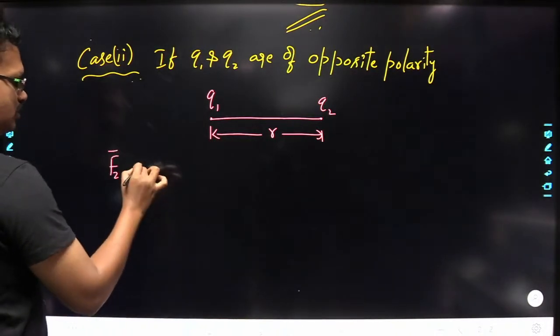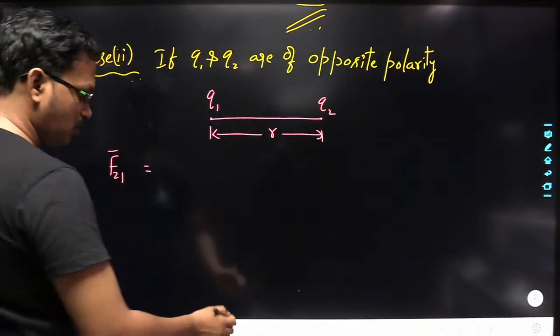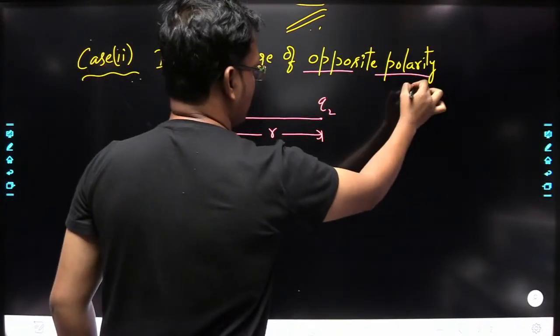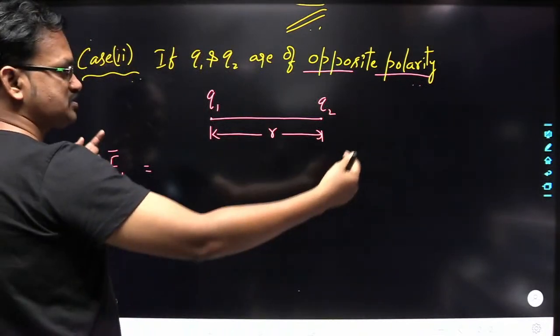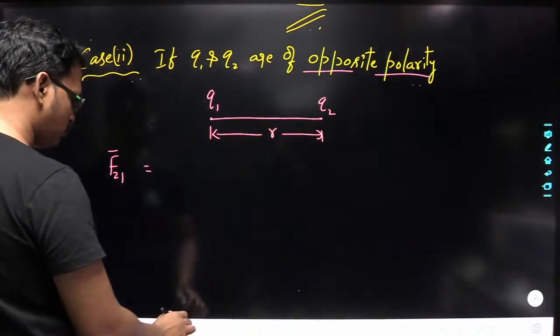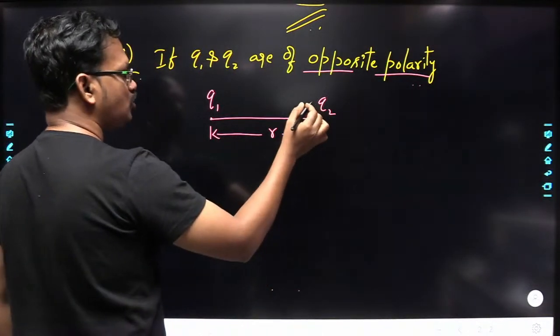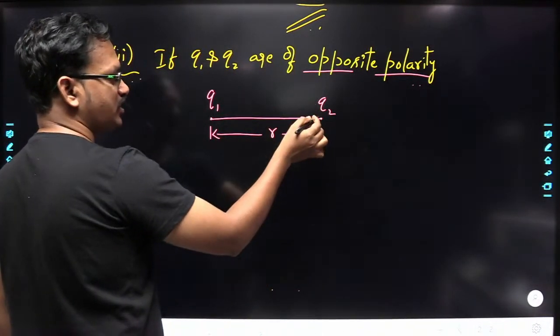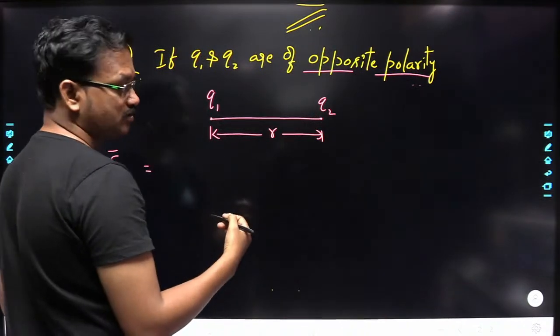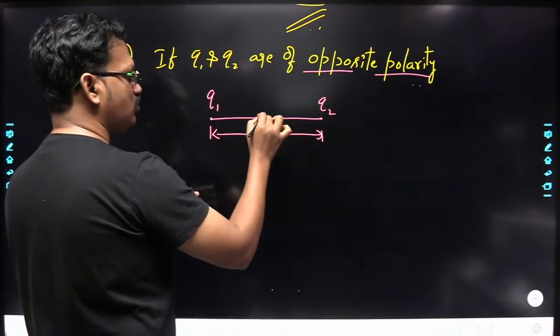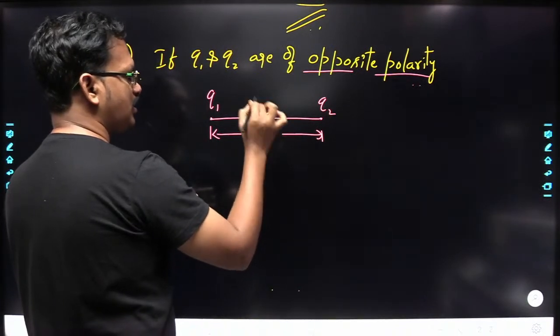So now what is the force on 2 due to 1? Now here Q1 and Q2 are of opposite polarity. That means the force between them is attractive force. That means in this case the force on 2 due to 1, in which direction Q2 is going to experience force here? It is going to experience a force towards Q1, because now it is experiencing an attractive force.